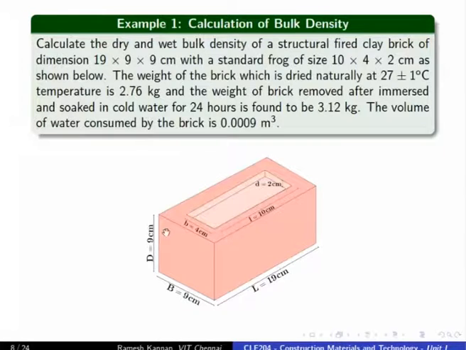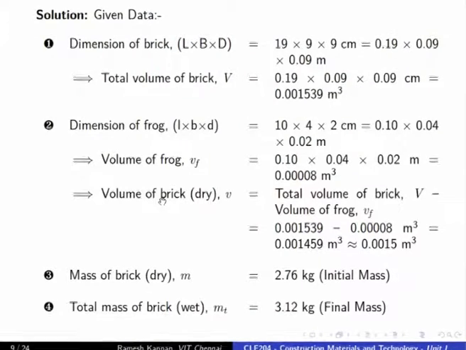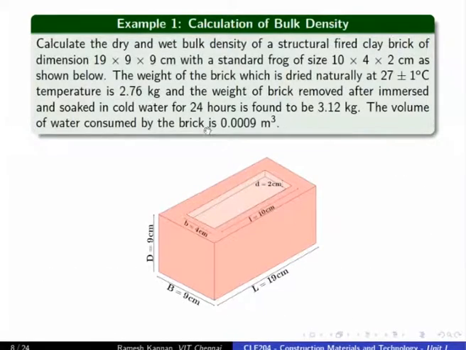And if you see that, the total brick and this indentation or the voids or the gap is generally removed from the original dimensioning of the brick, and that will give you the total volume of the brick in dry state. And mass of the brick, we know that initial mass is 2.76 from this calculation.